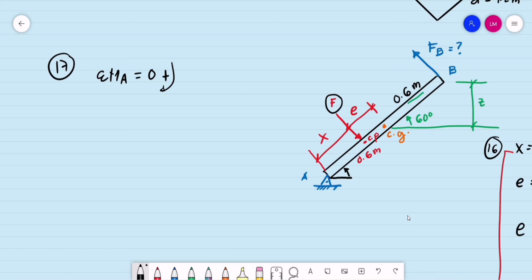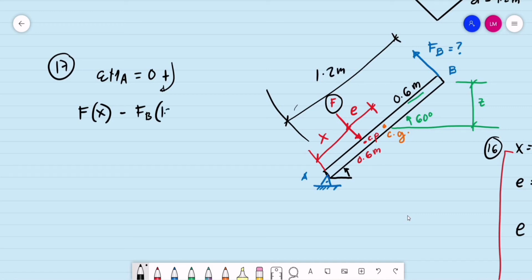Ito yung ating clockwise moment, yung hydrostatic force, gaano kalayo from the bottom of the gate, yun yung X, required sa number 16. Minus, yung force sa B, gaano siya kalayo from the bottom of the gate, obviously, yung total depth ng gate natin is given as 1.2 meters. So, multiplied by 1.2 equal to 0.